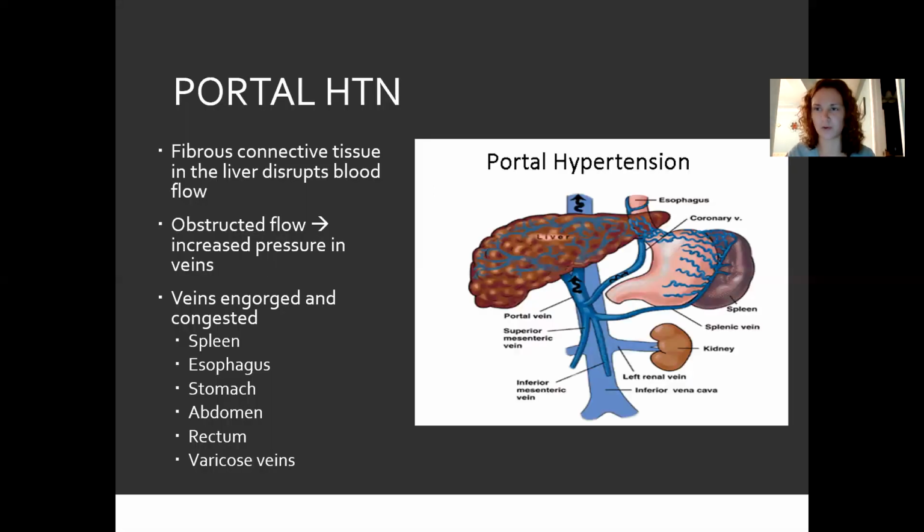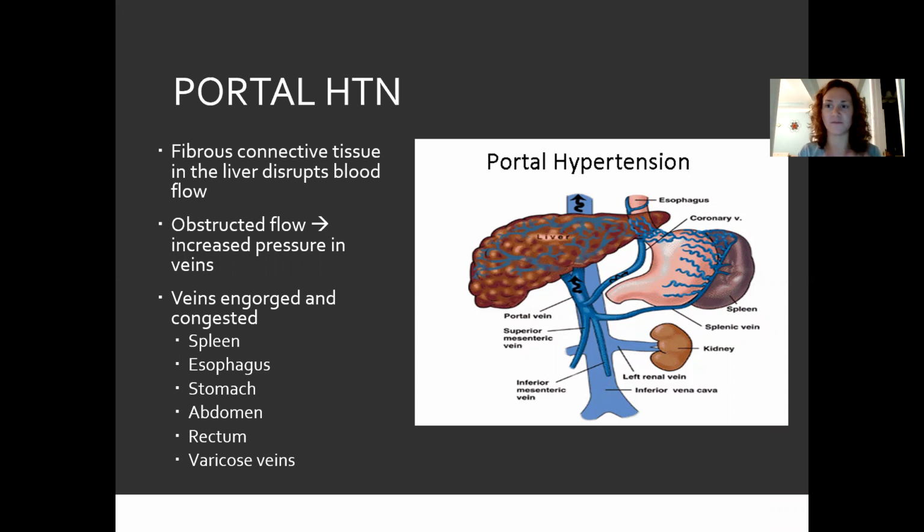So now we're going to talk about portal hypertension. This occurs in combination with the liver failing. Portal hypertension is when fibrous connective tissue in the liver disrupts blood flow. That nodular change in tissue formation and cellular formation will disrupt normal blood flow.